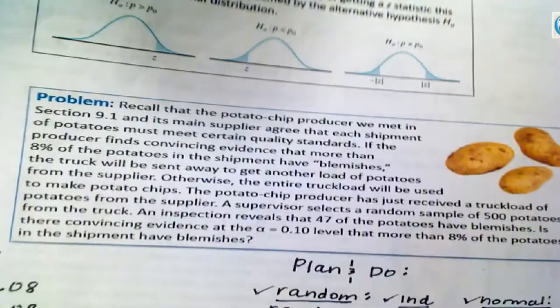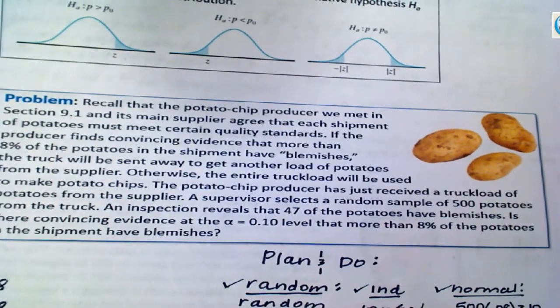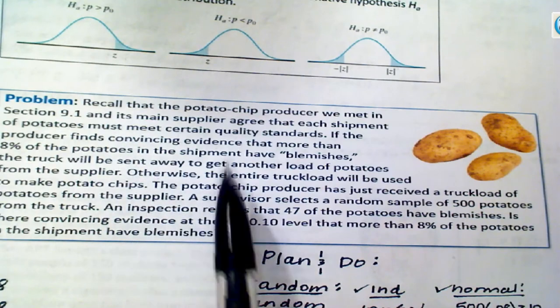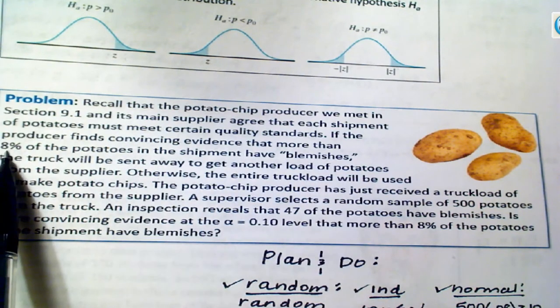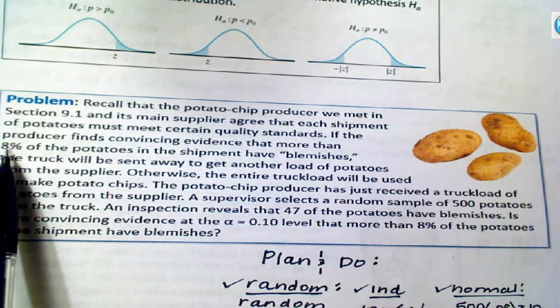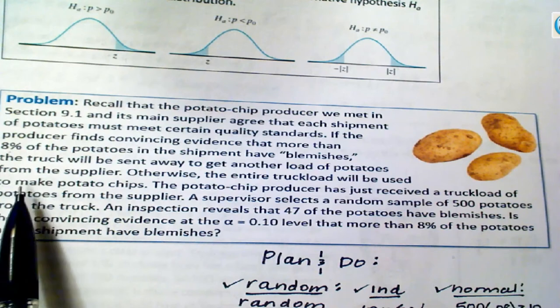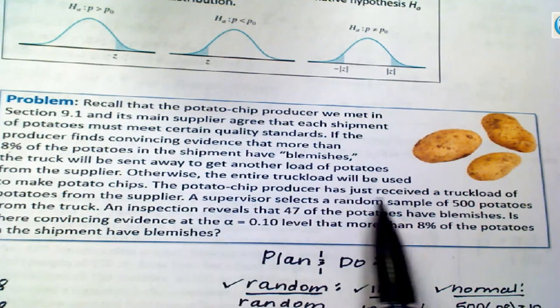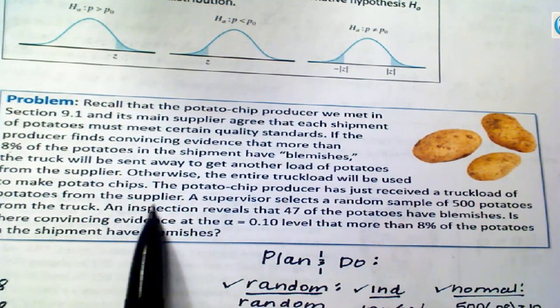This example is one that we had done previously about the potato chip producer. It's the same problem: 8% is sort of the magic number, and if it's greater than 0.08, they're going to send it back, and otherwise they're going to use them all. The potato chip producer has just received a truckload of potatoes from the supplier.